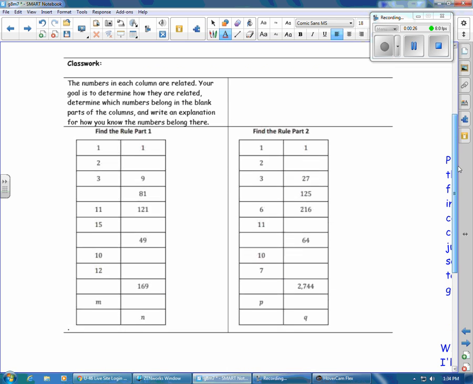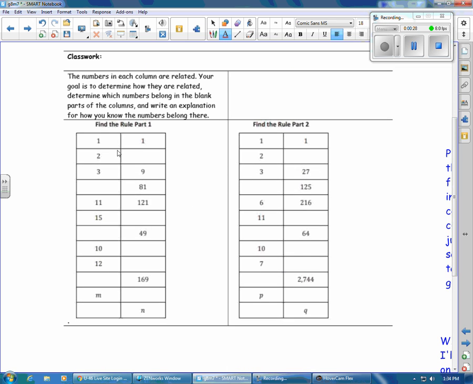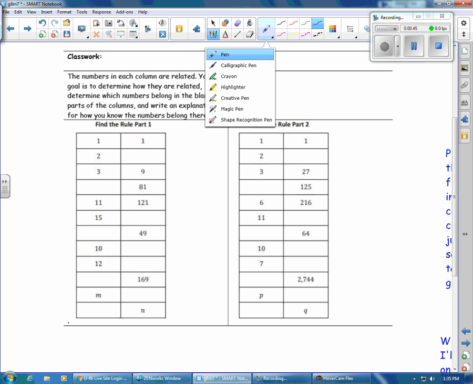All right, we have two charts here. One should look super familiar. If not, check the inside cover of your module. Let's look at the ones that are filled in and see if we can tell anything about them.